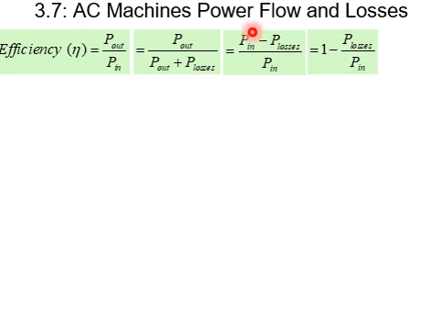It can be written in any form. So if we take this equation, it can be further simplified as 1 minus P losses over P in.